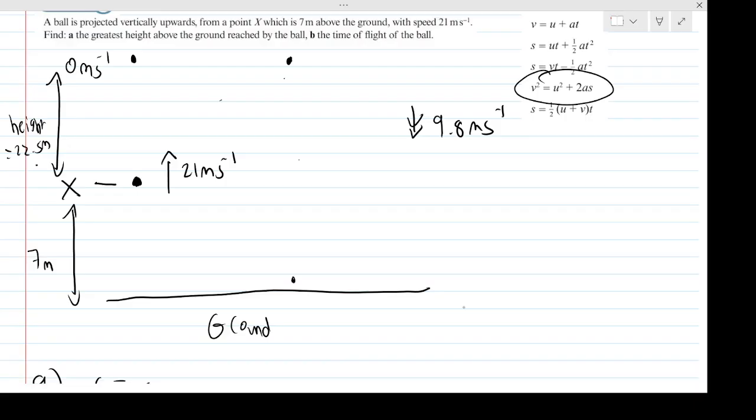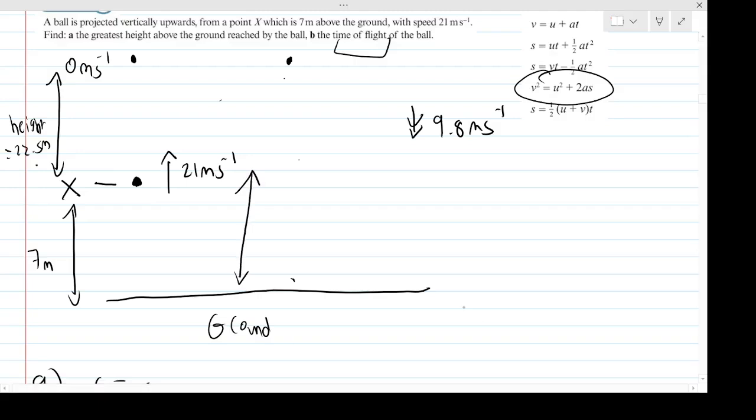So, well, think about it. Ultimately, if we want the time of flight in the air, it starts at X and then hits the floor back here, right? So it goes up and then comes down. Well, actually, what we can just do is consider the displacement.